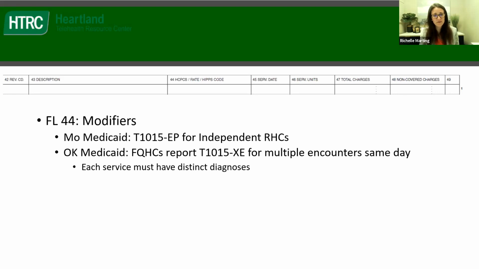Now, with Oklahoma Medicaid, one thing you have to keep in mind too is that in order for those two encounters to be paid as multiple encounters rather than a single all-inclusive encounter rate for that day, the second encounter has to be associated with a different diagnosis than what was connected to the initial encounter.